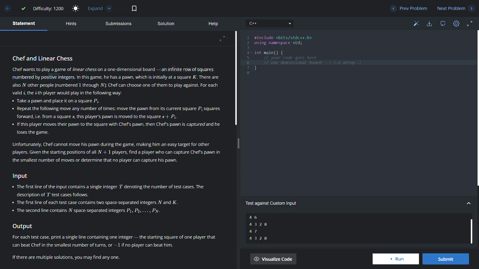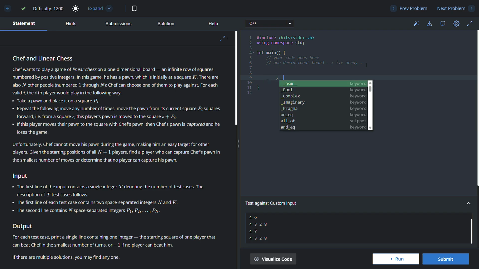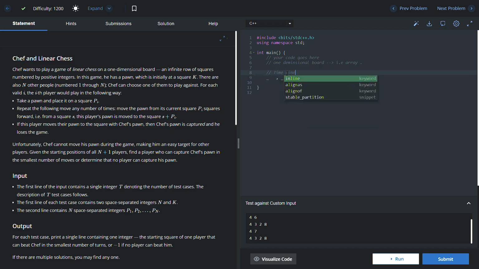And then he has a pawn which is initially at square k. There is something called k, like square one, square two, square three, square four, and somewhere there is k. This is called the timeline.